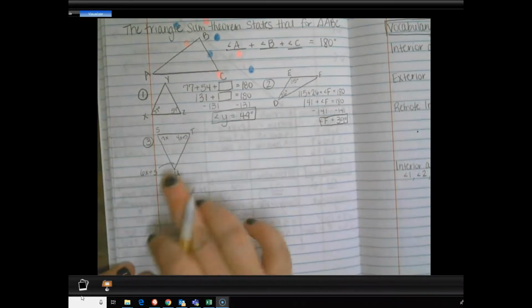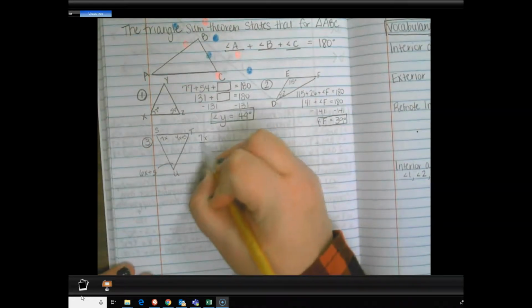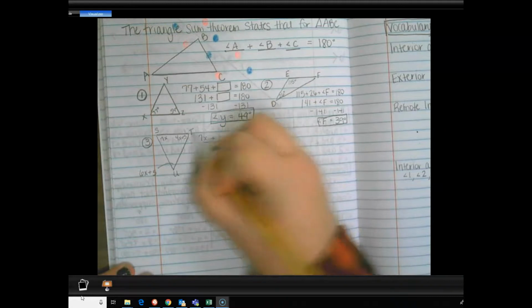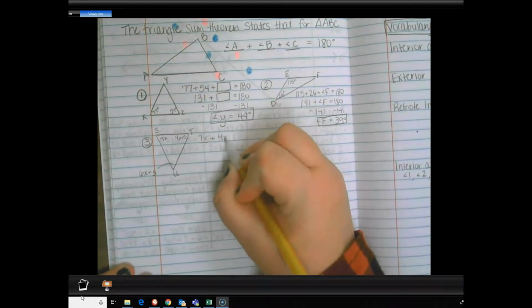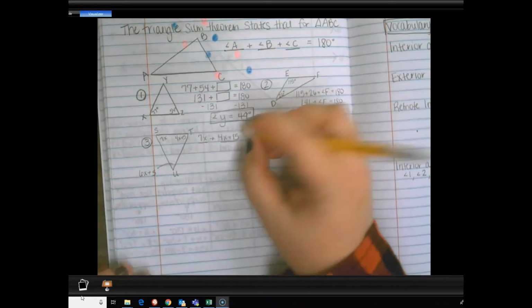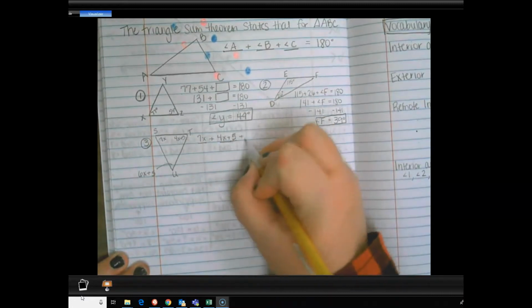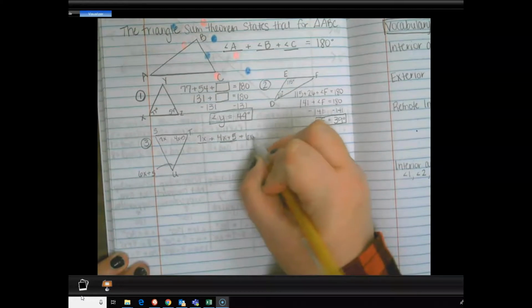We know that if I add those three angles, I have 7x, so that's my first angle, plus my next angle, which is 4x plus 5, plus my third angle, which is 6x plus 5.